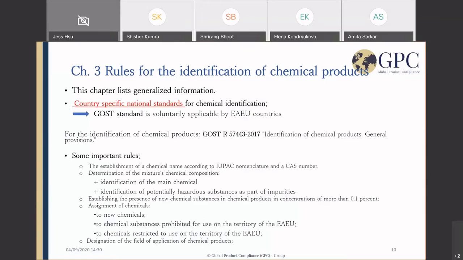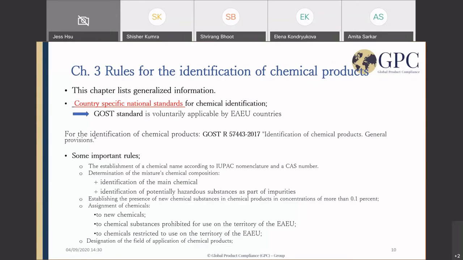So for the identification of chemical products, there is this GOST for identification of chemical products and general provisions. And some important rules, just to name a few: the establishment of a chemical name according to IUPAC nomenclature and CAS number, determination of the mixture's chemical composition, which includes identification of the main chemical and potentially hazardous substances as a part of impurities.